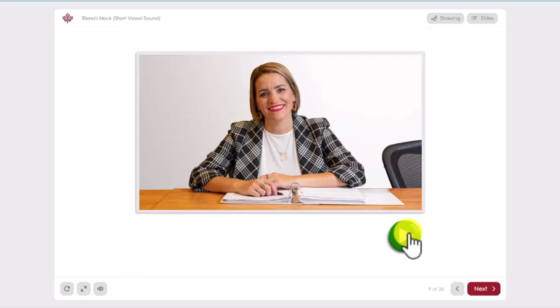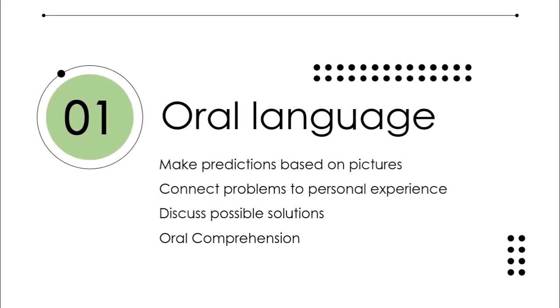Finally, when you're finished listening to each page, you could recap the story by asking something like, so what was the problem in this story? How did Elena get help? To recap, here are a few ways you could use the oral language section of the book. You could use the pictures to make predictions and encourage reading for understanding.